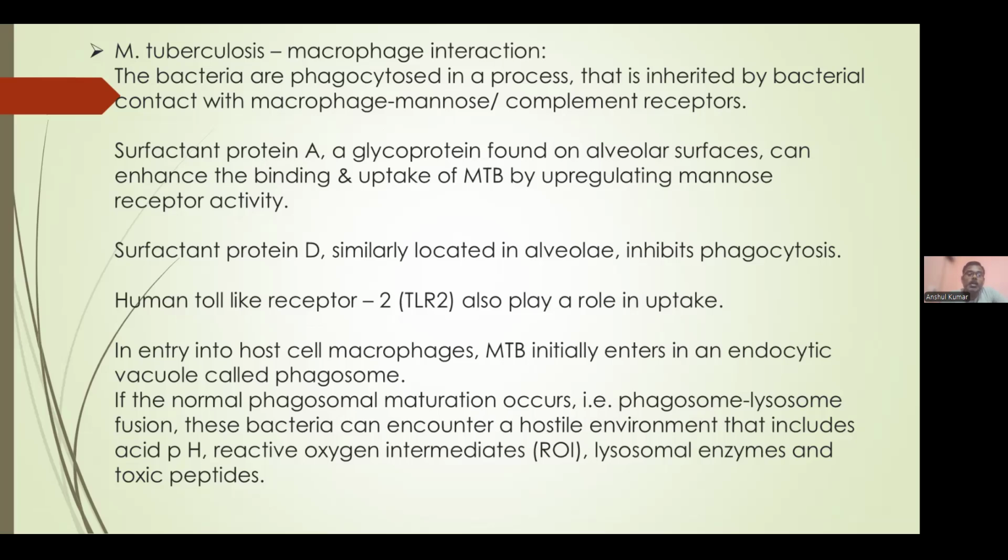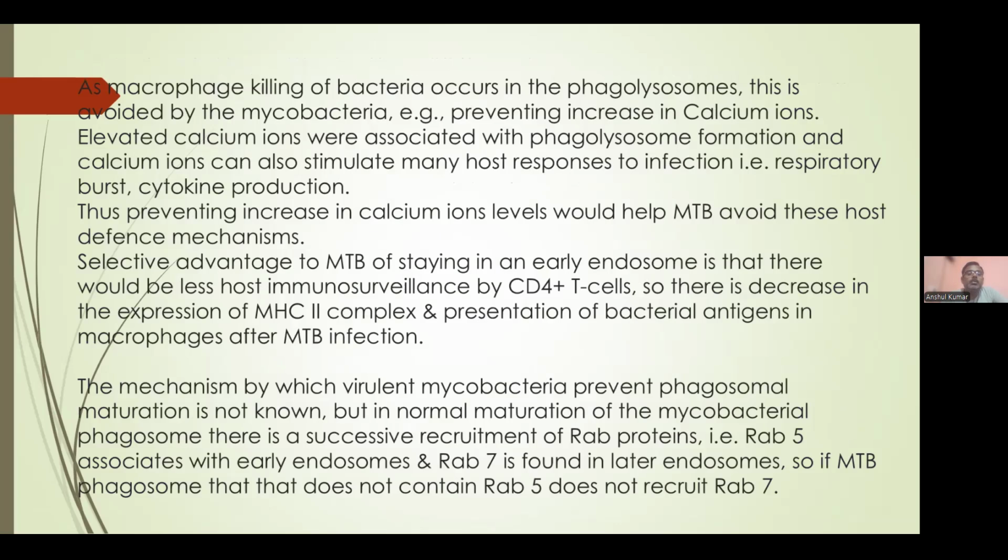Here, when normal phagosomal maturation occurs, that is phagosome-lysosome fusion, these bacteria encounter a hostile environment that includes acid pH, reactive oxygen intermediates, lysosomal enzymes, and toxic peptides. Macrophage killing of bacteria occurs in the phagolysosome, and this is avoided by the mycobacteria.